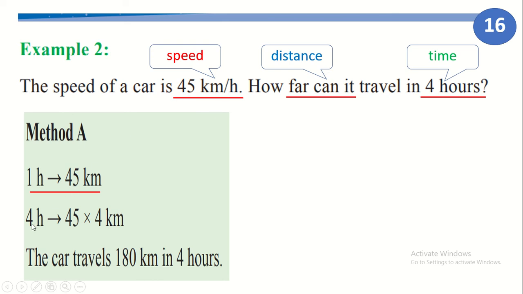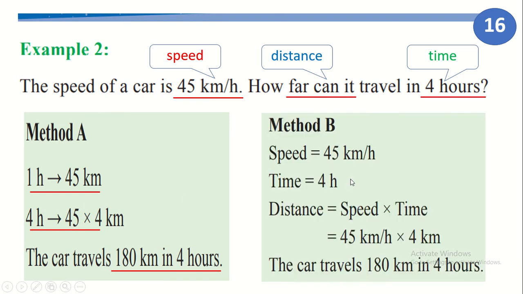In 4 hours, you multiply 45 times 4. The answer is 180. 45 times 4 is 180 kilometers in 4 hours. Correct, students? In method B, we use the formula that I gave you in the triangle like that. Method B is we use the formula.